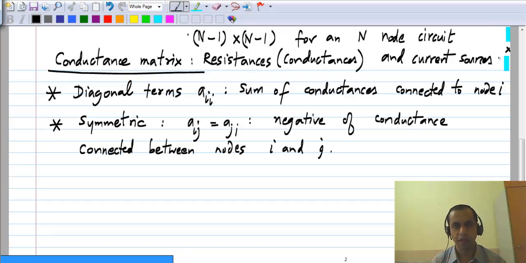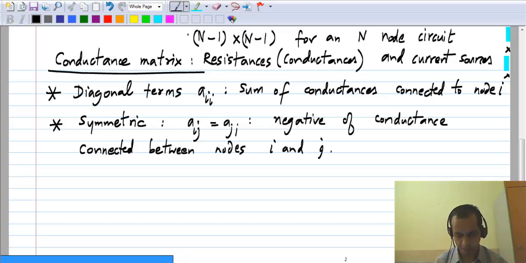As we add more elements, we see that some of these properties may be modified. Okay, so we will look at those things later. This structure will be obvious when we consider examples of what happens when we make some changes to the circuit.